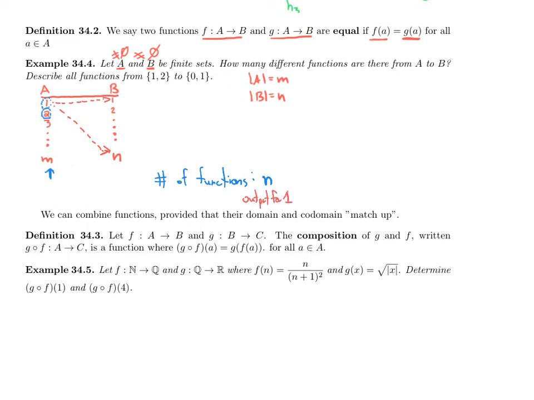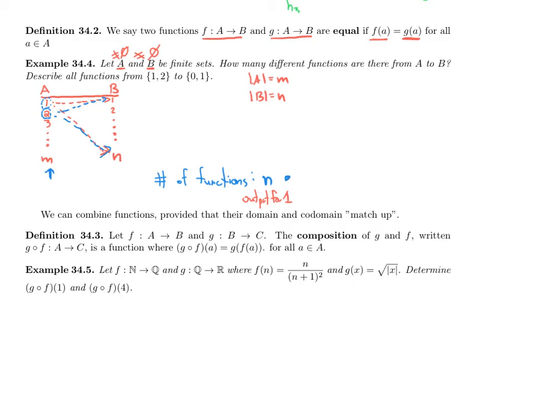Okay. Well, what about 2? How many choices are there for the output of 2? Well, it doesn't really matter what you choose as the output for 1. You can still choose that to be the output for 2 as well, or you could choose something different. There's still N choices for the output of 2. It can be any of the numbers from 1 to N. There's N different choices.